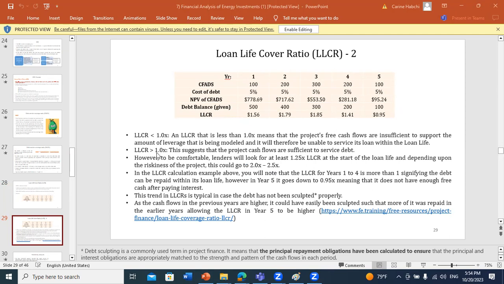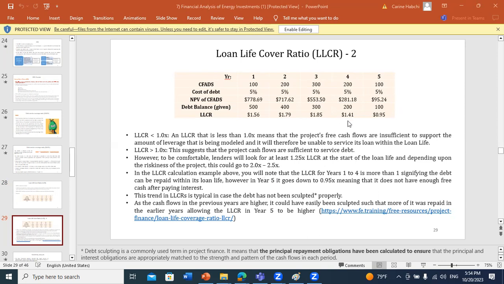On the other hand, if it's larger than 1, this suggests that the project cash flows are sufficient. Now, in general, to be on the safe side, we suggest large values of LLCR. So if you have high risks in a certain project, you can go to a larger value of LLCR to be able to compensate the risks that you might encounter.